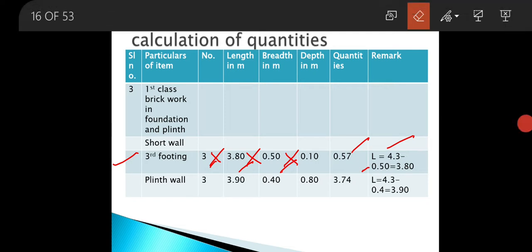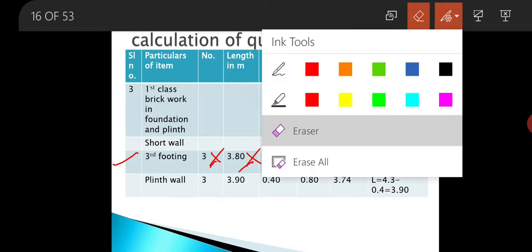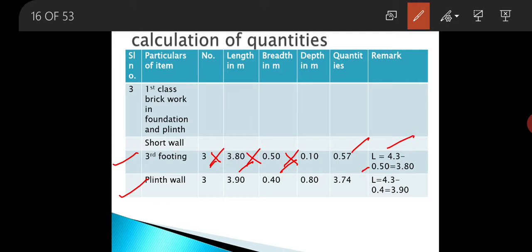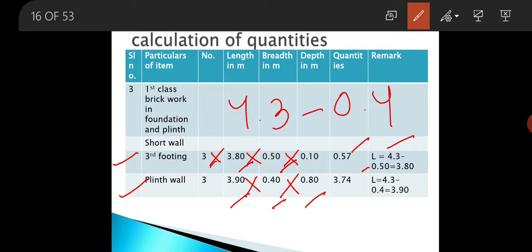Clear? Similarly, for plinth wall, from the center line length of 4.3, subtract 0.4. So the length becomes 3.9, width is 0.4, thickness is 0.8. By multiplying all this, we will get the total quantity as 3.74 cubic meter.